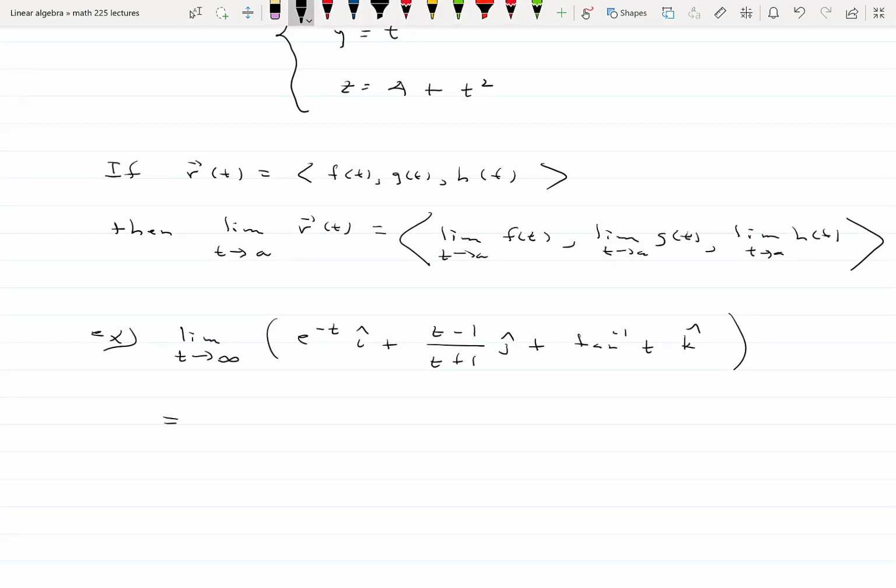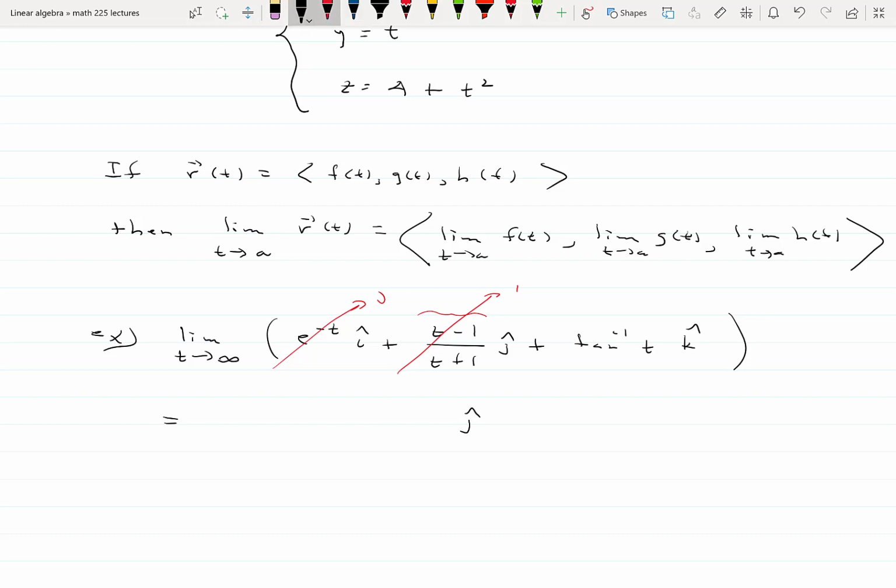As t goes to infinity, e to the negative t goes to 0, so 0i. T minus 1 over t plus 1 approaches 1, so j.